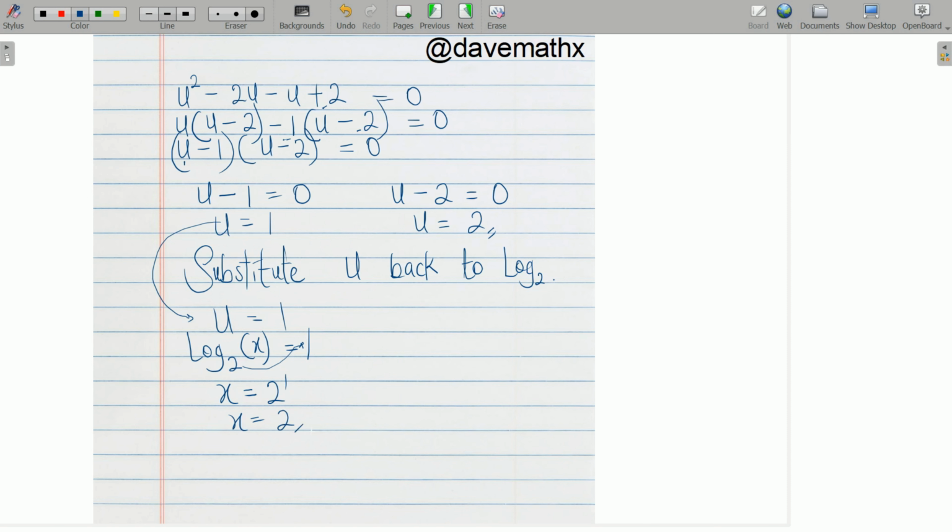X is 2. U equals 2 comes next. U is represented by log x base 2, equals 2. Then we have x equals 2 raised to power of 2. X becomes 4.